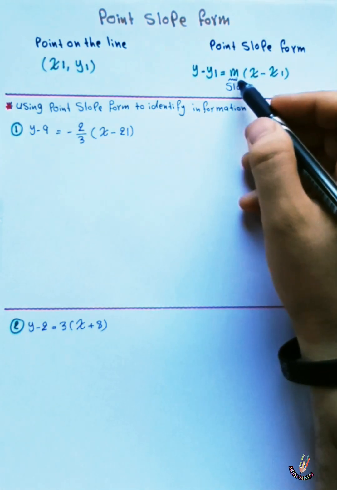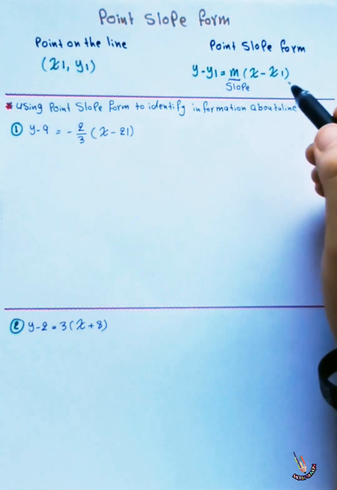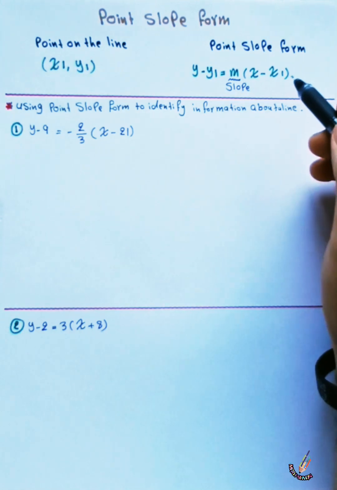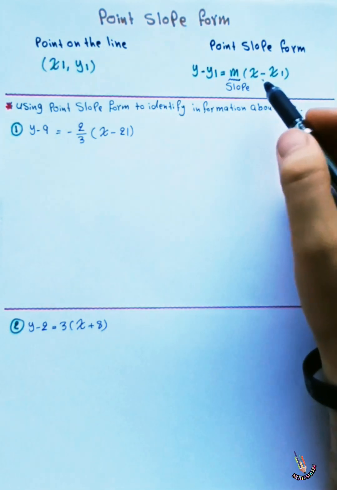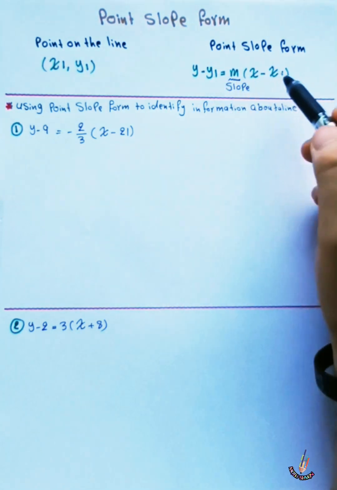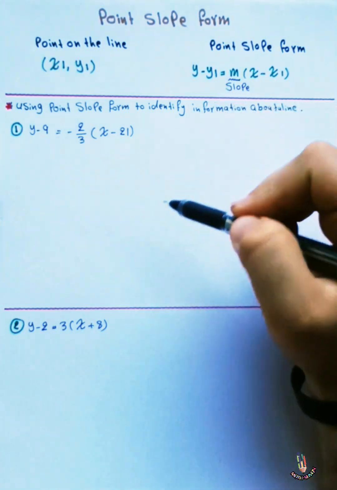M is the slope, and the point on the line is (x1, y1). This is x1 and this is y1.